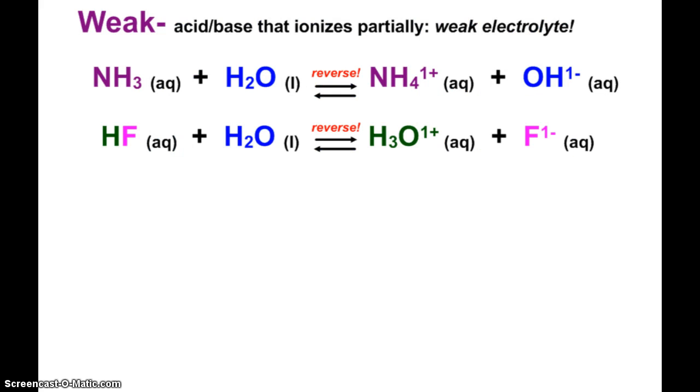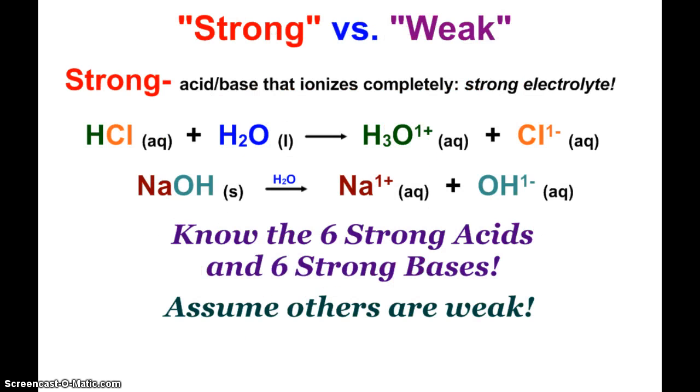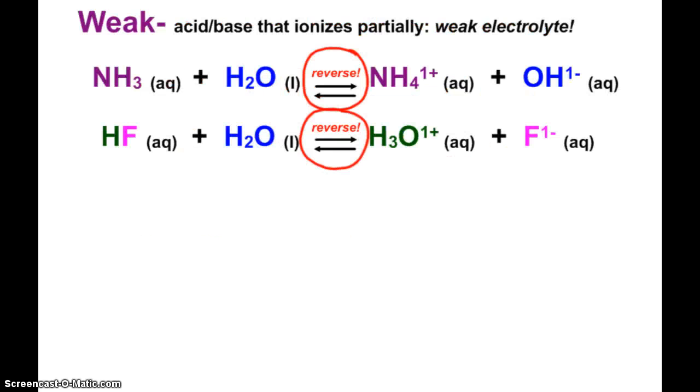A weak acid or base only partially ionizes, and they are a weak electrolyte. So yes, ammonia and water interact and we get ammonium and hydroxide, but not to a very great extent. When we write weak acid-base reactions, we definitely want to show a double arrow. Strong acid-base reactions, we typically just show the one forward arrow because it completely ionizes.